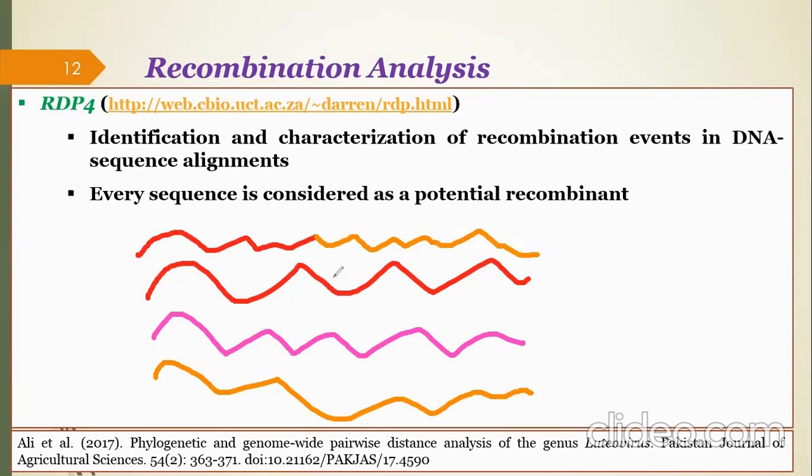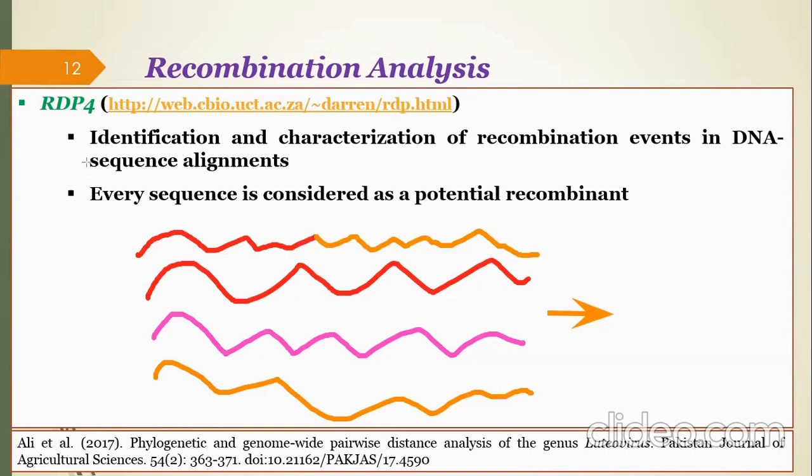So here we clearly distinguish between the two due to the color, but in actual we don't have any color. We just have a sequence A, T, G, C, and so on. So how will we determine the recombination event? यहाँ पे हमें नजर आ रहा है there is one event of recombination, but in actual we cannot presume or assume the recombination.